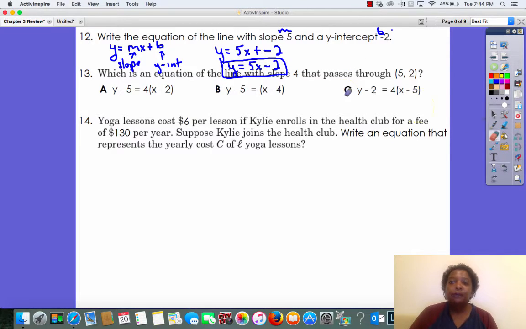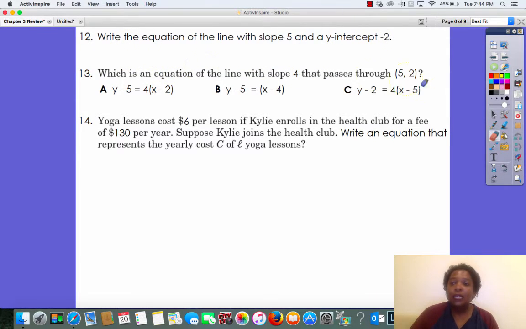Number 13. We're going to write an equation of a line again, but this time it's going to take a different form. Here they gave us the slope and they gave us a point. So what we're going to use is the point slope form of the equation. I'm going to write this down over here. Point slope form of the equation is y minus y sub 1 equals m times x minus x sub 1. We already have the m, so we're going to plug that in here.